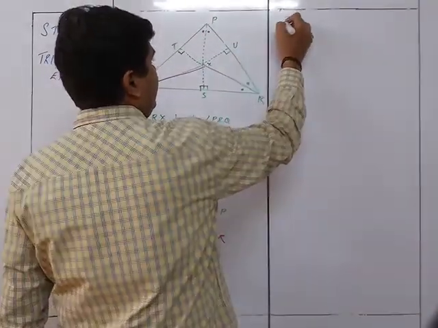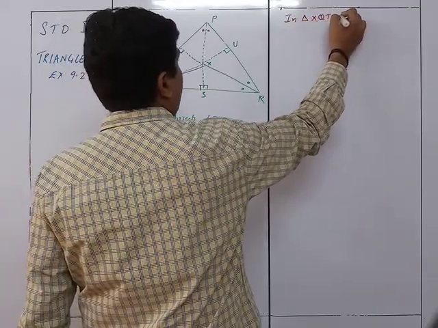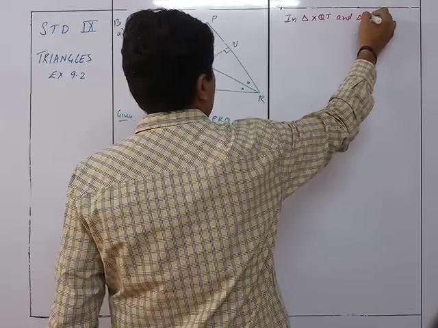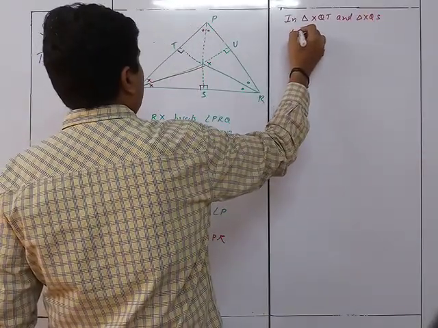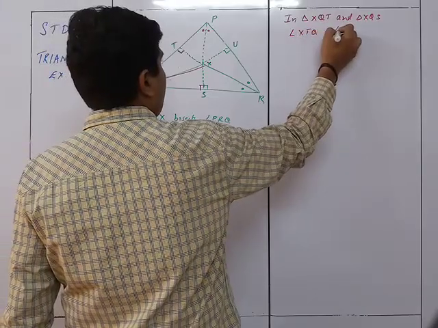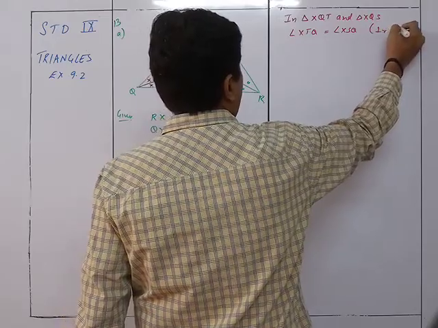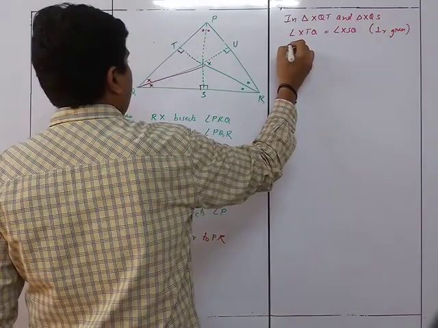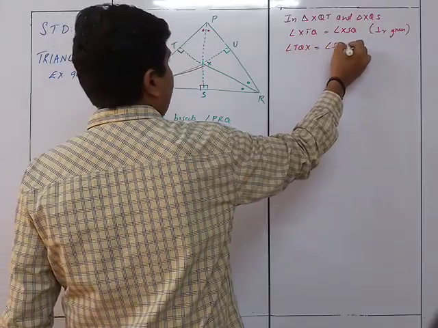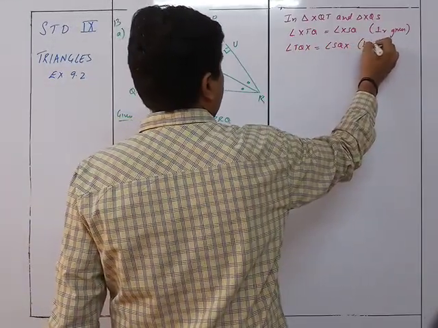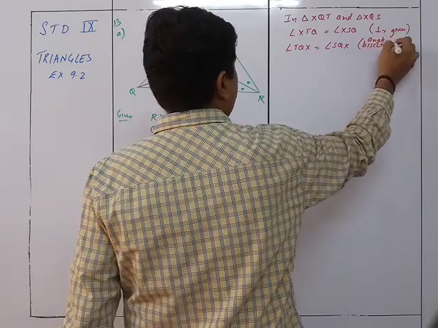Here, first of all, in triangle XQT and triangle XQS, angle XTQ is equal to angle XSQ, perpendicular given. Angle TQX is equal to angle SQX, angle bisector given.